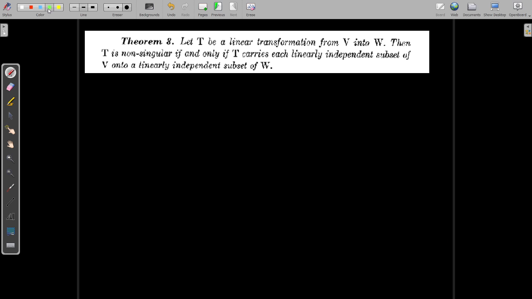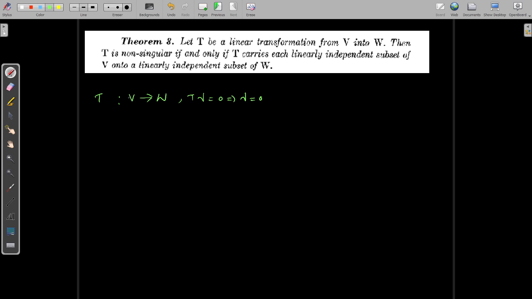Now we have an interesting consequence of this non-singularity, referred to as Theorem 8. Let T be a linear transformation from V into W. Then T is non-singular if and only if T carries each linearly independent subset of V onto a linearly independent subset of W. That is, if T is from V to W and T is non-singular, that means T gamma equal to 0 implies gamma equal to 0.